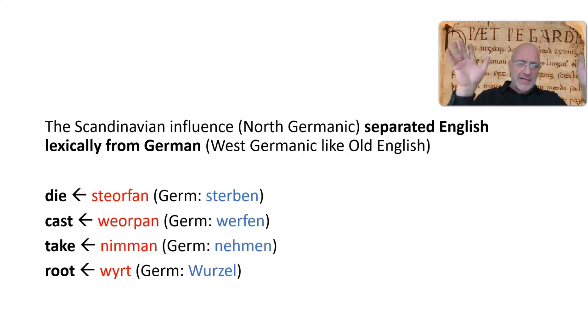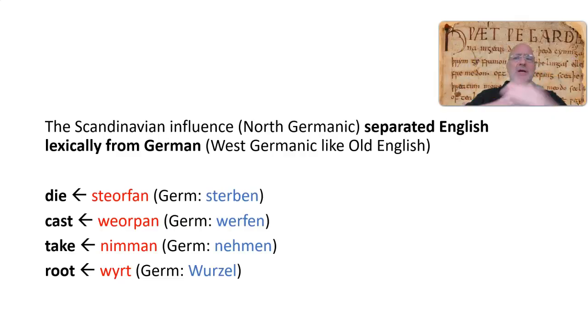Weorpan disappeared completely and was replaced by cast. Take replaced niman, the German nehmen, and root replaced wyrt, which we still have in German Wurzel. So yes, that's the one thing.